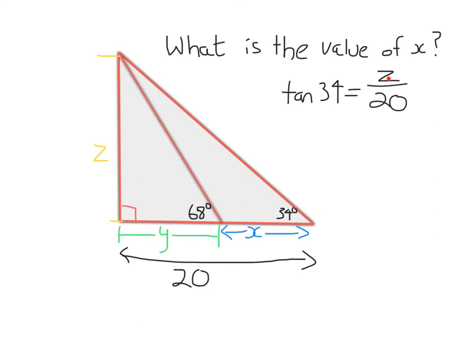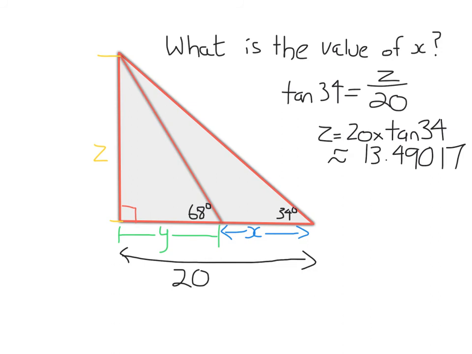So the thing I want to find is on the top, so I multiply. Z will be 20 times tan 34. So I just put that on my calculator, making sure my calculator's in degrees mode. And so the answer I get is about 13.49. Now, because I'm going to use this in a calculator in a second, I'm just going to put a few more decimal places.